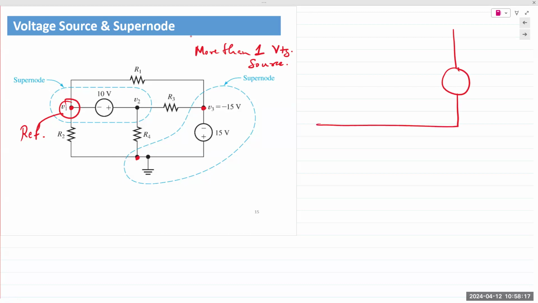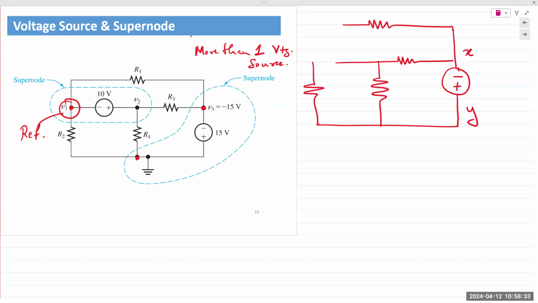So I will call this node up top X. I will call the node below Y. I'm only drawing out what is necessary. Okay, current directions. I'm going to write this as IR1 coming from the top.